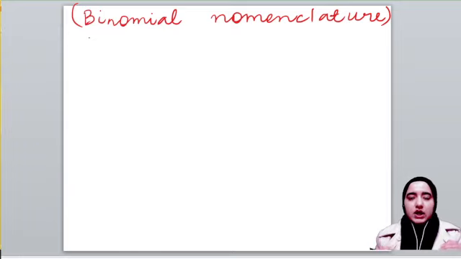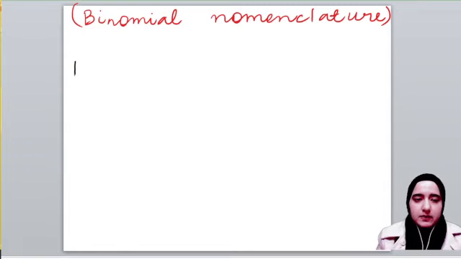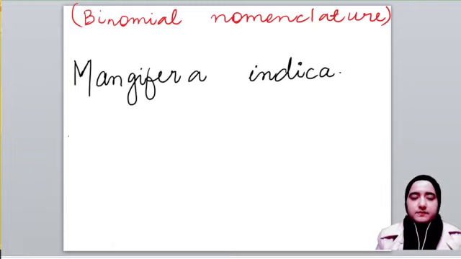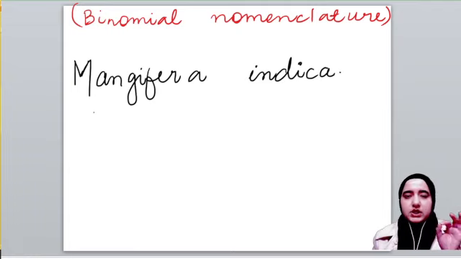Say, for example, we are talking about mango. Mango's scientific name is Mangifera indica, as I already mentioned in our previous video.